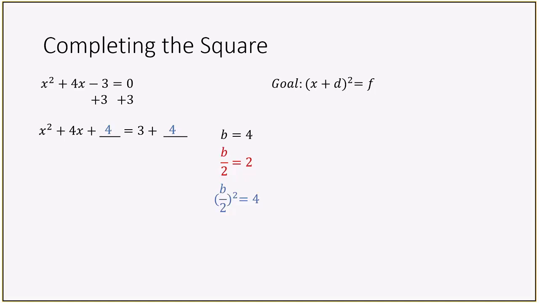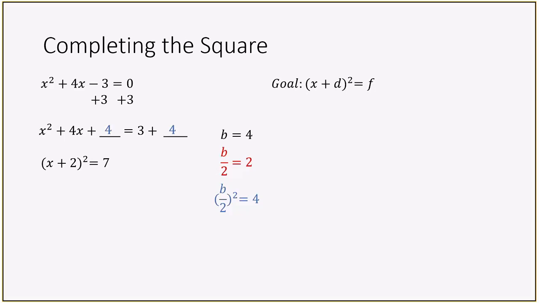But the shortcut is we know the left side's going to factor to x plus whatever your b over 2 is. And that's always going to be the case. So we're going to use the third piece of information by putting it on both sides of the equation. And we're going to use the second piece of information by putting it inside our parentheses. So I get x plus 2 squared is equal to 7.